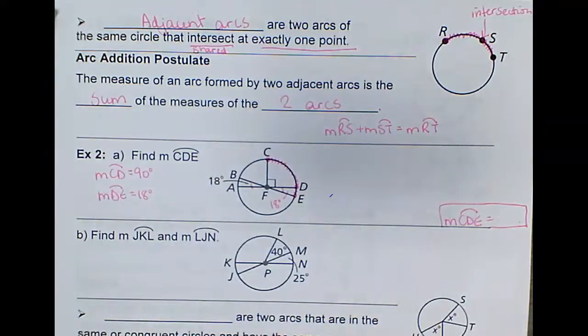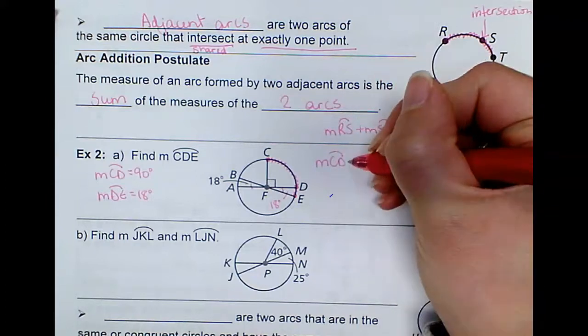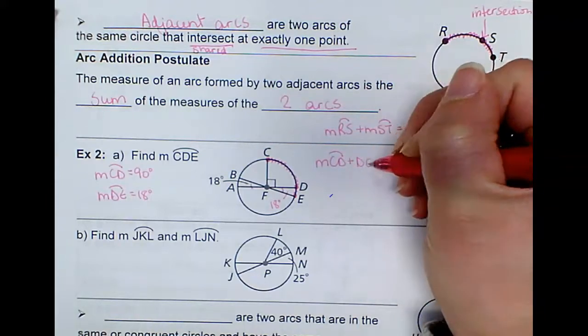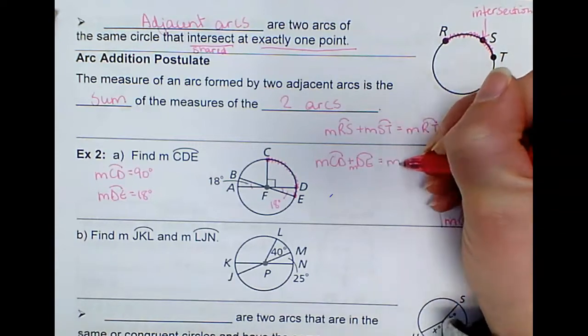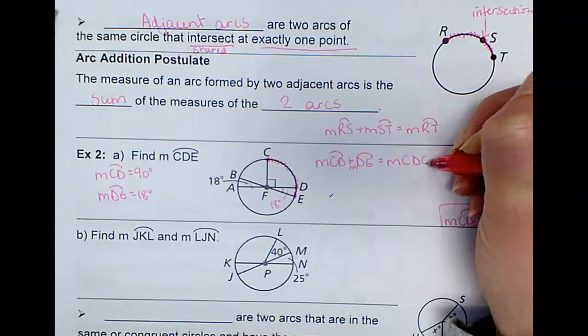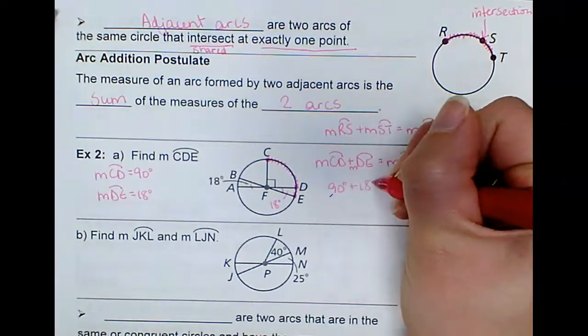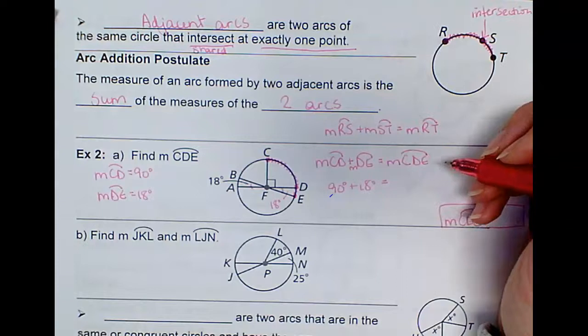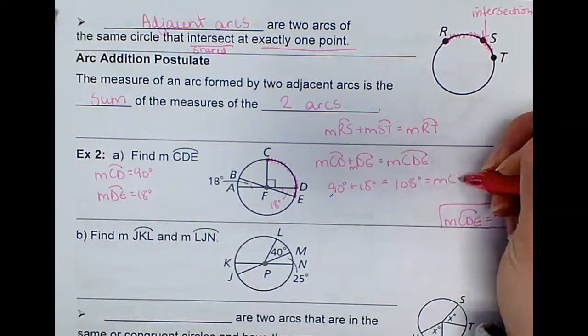And by the arc addition postulate, if I add the measure of arc CD and the measure of arc DE, then I should get the measure of the whole arc that I'm looking for, CDE. So 90 degrees plus 18 degrees equals my answer, which is 108 degrees. That's the measure of arc CDE.